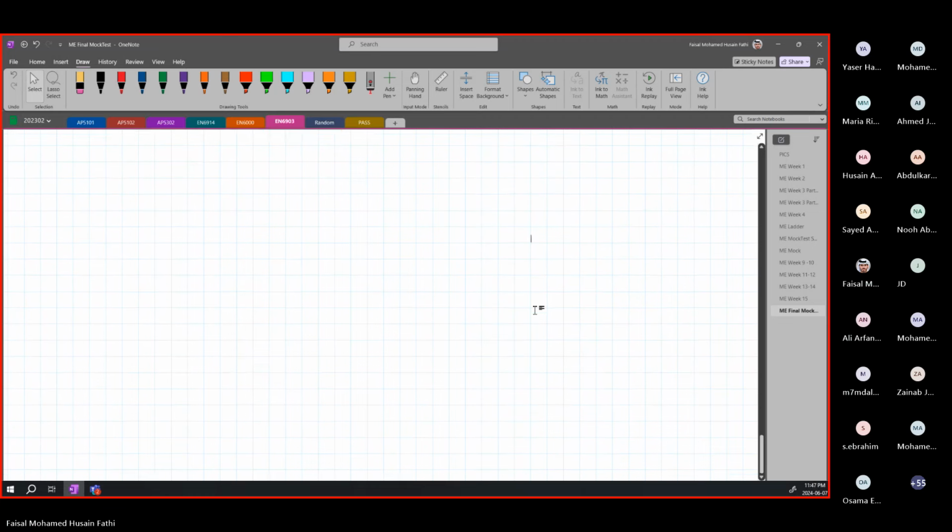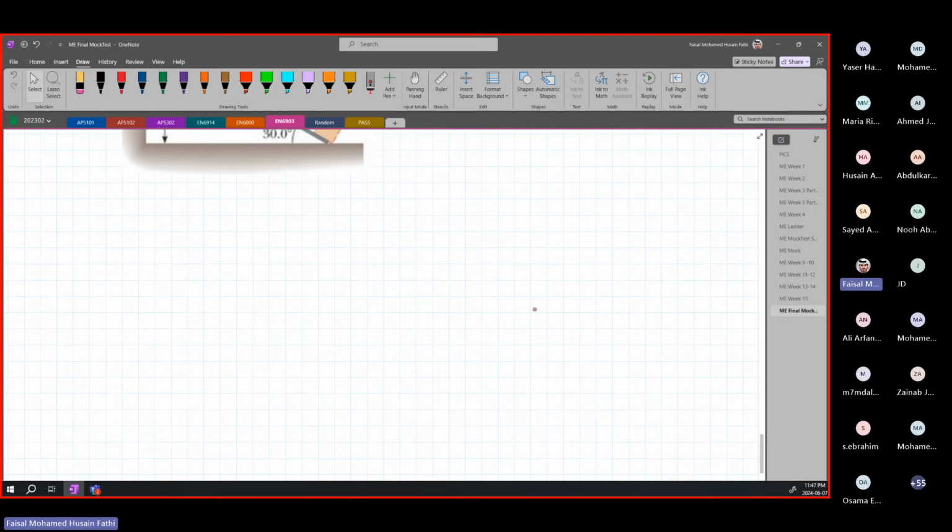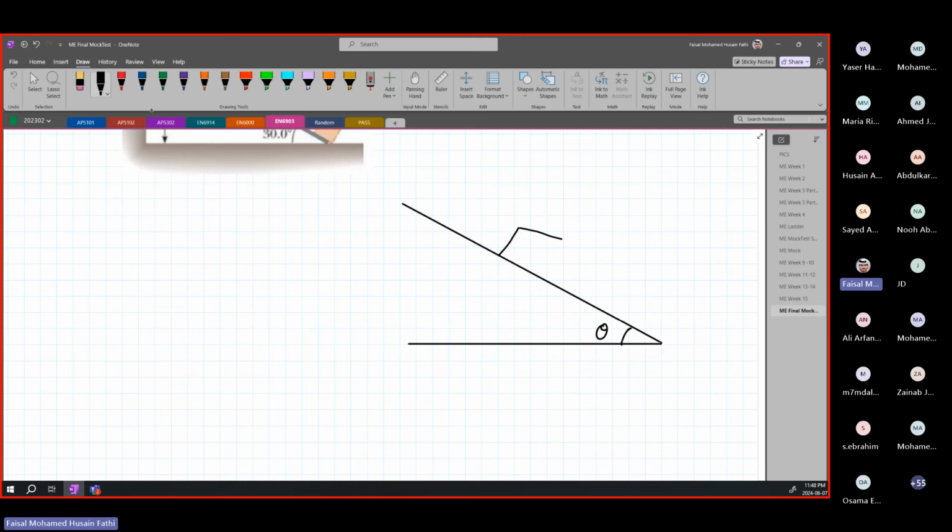So if we want to draw that free body diagram, yes, this session is recorded. If you want to draw that free body diagram, it's going to look something like this. So you have your angle theta over here, which is given. You're going to have your block laying on this. You're going to have your gravity, which is always downwards. So gravity is going to be going over here.